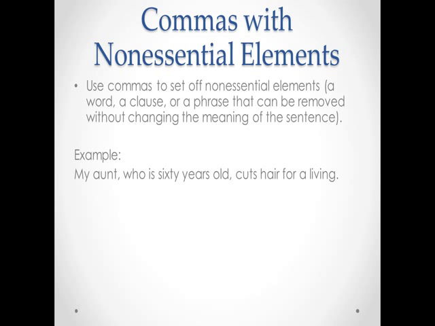Is it essential to have the words "who is 60 years old" as part of the sentence? If I removed that information, would it still make sense? Would it have the same meaning? And it would. If I read this, "My aunt cuts hair for a living," it would still make sense. So, "who is 60 years old" is a non-essential element.